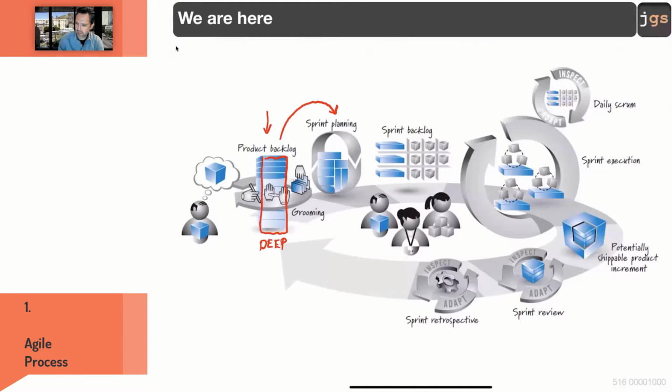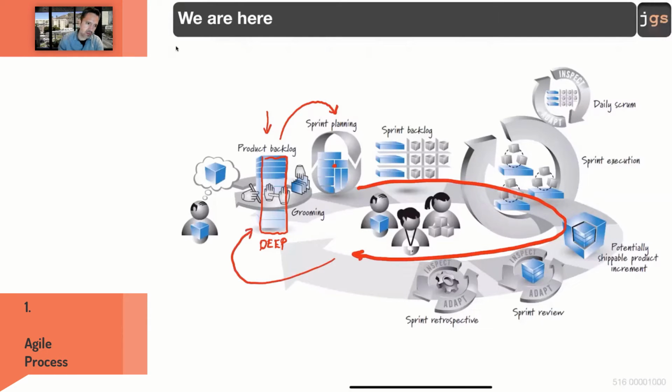The goal is that when you finish this loop, you complete everything that you put there. Worst case scenario, if for any reason something is not done, something is not complete, you just put that something back in the product backlog, and therefore in the next sprint, you decide if that something that was not done in the sprint that finished is going to be included in the next one, or is low priority and can wait for another sprint later.